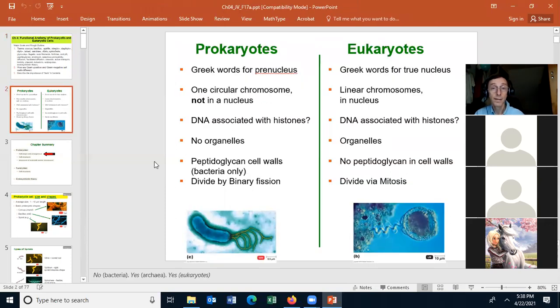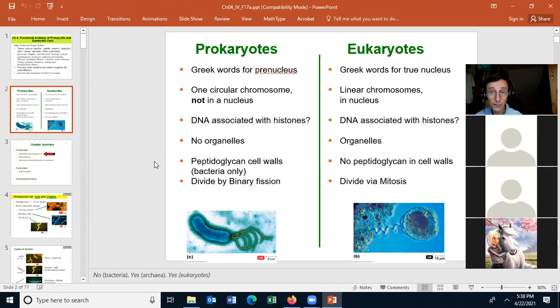All right, so we're going to talk about prokaryotes and eukaryotes. Prokaryote is a Greek word meaning pre-nucleus. Pro means pre, and karyote, well, literally it means kernel, but we're taking it to mean nucleus. Prokaryotes don't have a nucleus, so we call it a pre-nucleus.